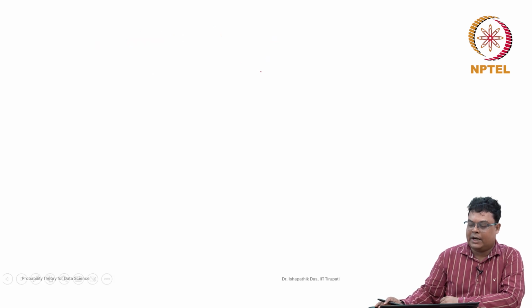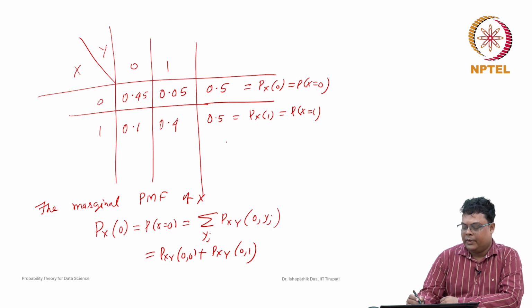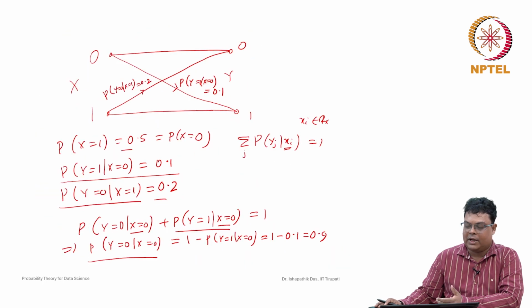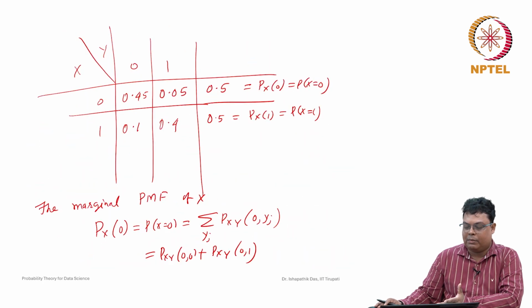This is the second row sum, 0.1 plus 0.4, which is 0.5. So the probability mass function is X equal to 1 is 0.5 and X equal to 0 is 0.5. This is given in the problem directly, and we also checked that the joint probability mass function gives the correct answer, so we get back what was given.